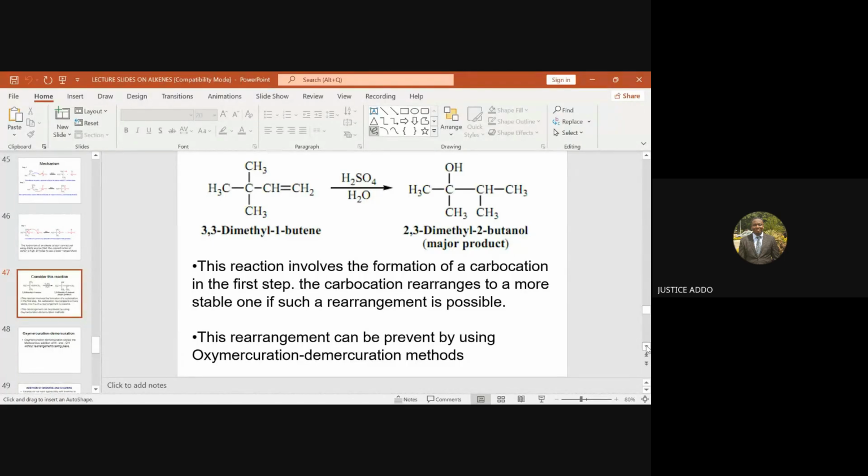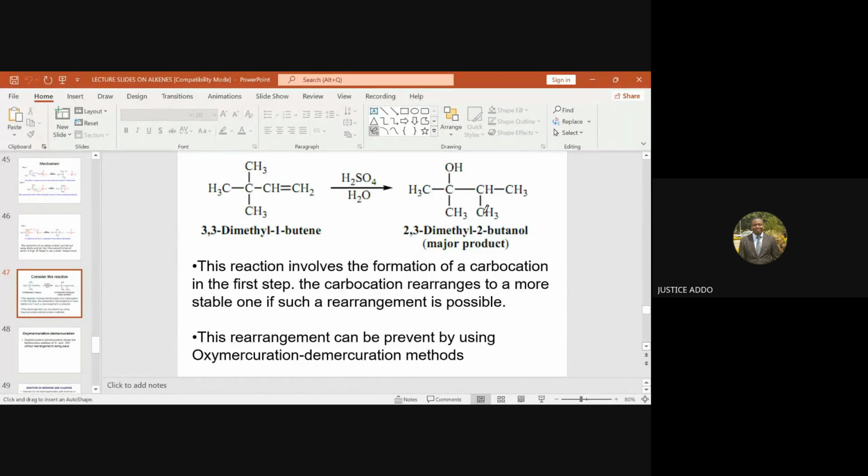Now, if you don't want this rearrangement to the most stable carbocation, then you use what you call oxymercuration-demercuration, meaning the addition of the water should not be done in just an acid. Okay, the addition of the water should be done in what? Mercuric sulfate, and then that will prevent rearrangement.